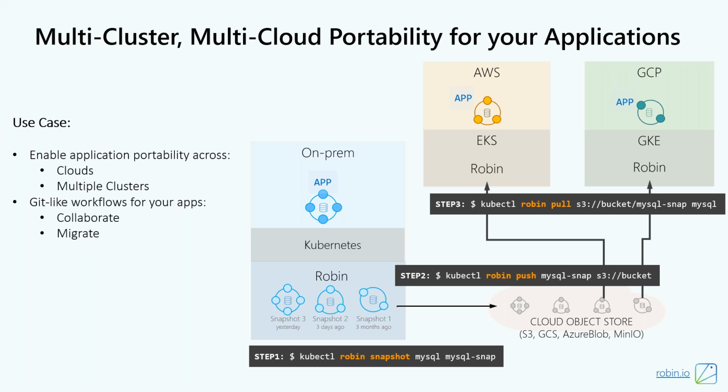If you see on the screen, there are different environments as well as different flavors of Kubernetes. So you created a snapshot on upstream Kubernetes on-prem, but you restored the application on EKS or GKE, right, on different clouds. So that is also supported by Robin.